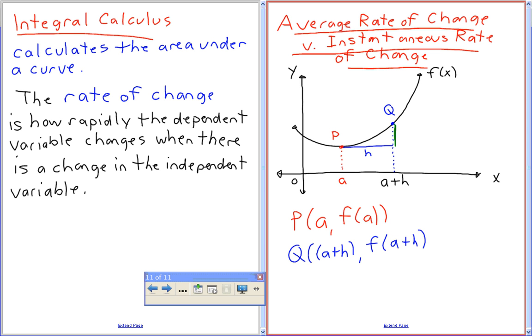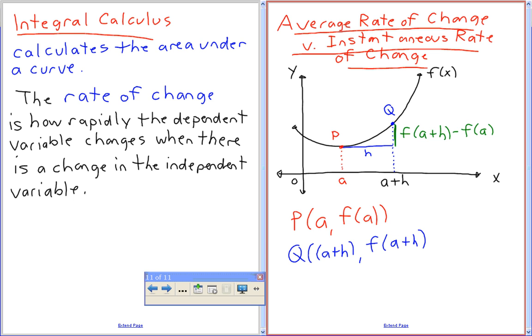So what is the difference of the y values between Q and P? Yes, good. So what she said was f of a plus h minus f of a. So it's the y value of Q minus the y value of P that is going to be that green line there. Okay?